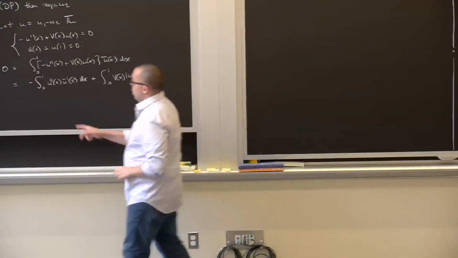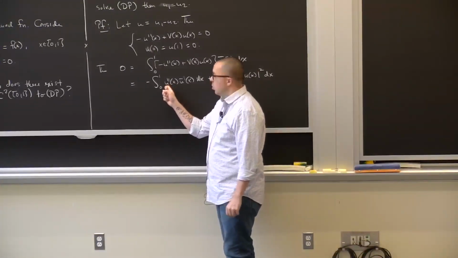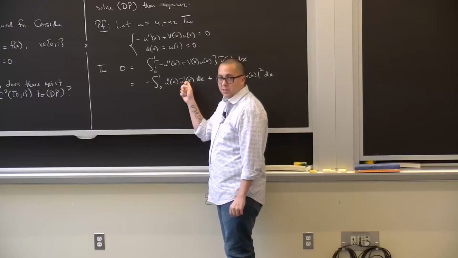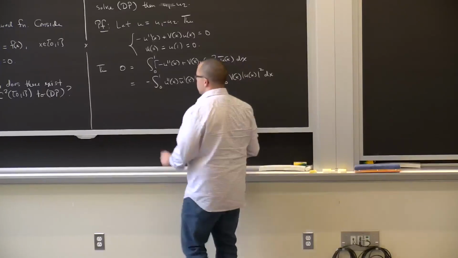And now we integrate by parts. Integration by parts says that if I have a derivative on a function, I can move it to the other function, plus boundary terms, and changing this minus sign to a plus sign.